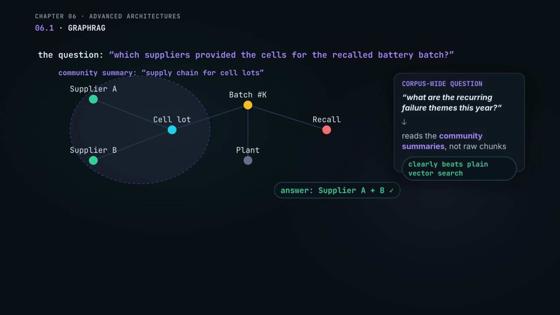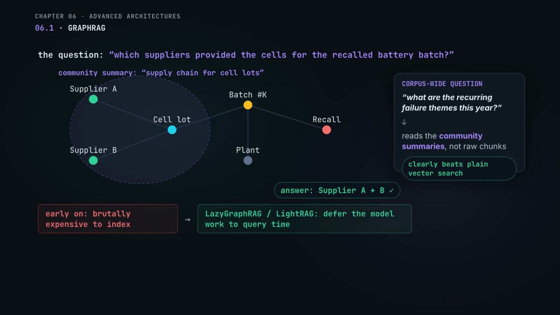Now, the honest part, cost. In its early days, building the graph was brutally expensive because it ran a language model across your entire corpus up front. But newer variants, like Lazy GraphRAG and LightRAG, cut that cost dramatically by deferring most of the model work until a question is actually asked.